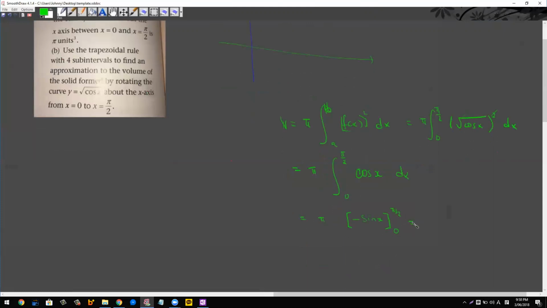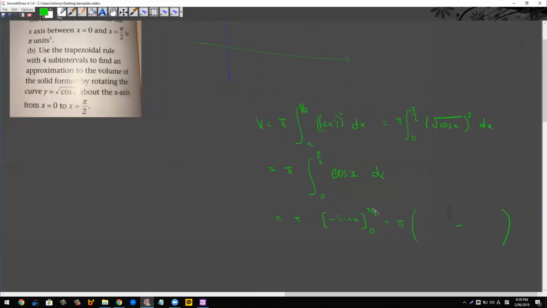So you just have to do this one, and this one is pi, and then bracket. Put pi on 2 there, then you get sine of pi over 2, minus plug in 0 there, sine of 0.